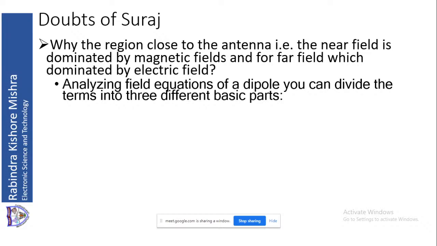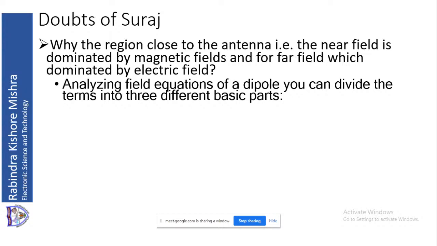If you analyze the field equations, you will see that the field for the dipole can be divided into three different basic parts. Each of E theta, H phi and E_r has at least two of them, and E theta has all three.